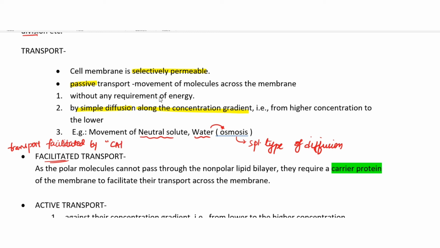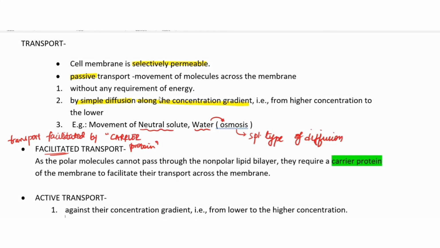What is inside is the tail, which is non-polar. So polar molecules cannot easily enter the lipid bilayer, and for this they require the help of a carrier protein. The carrier protein facilitates the transport of that polar molecule across the membrane.